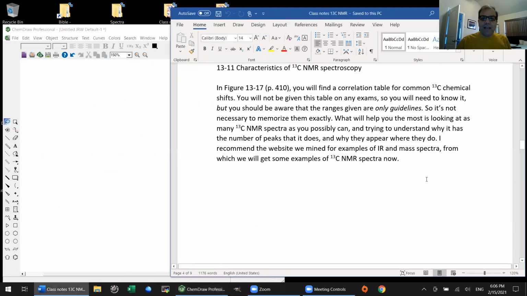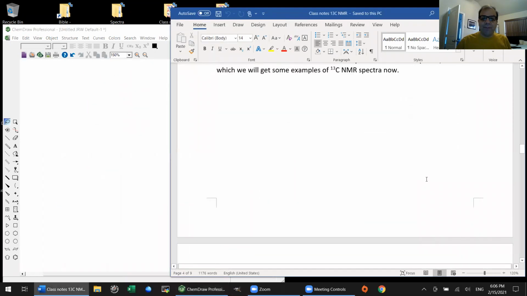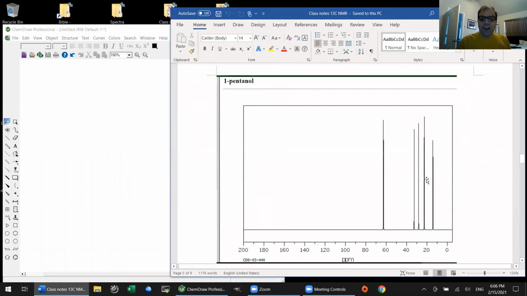I think a lot of these are going to be pretty easy compounds, but let's start with the spectrum of 1-pentanol. As you can see, we've got our horizontal axis labeled in parts per million. It would have been nice if they'd expanded it for us so that the peaks are a little easier to separate visually. But I think you can see that we have 5 nice, sharp, clear peaks in this range.